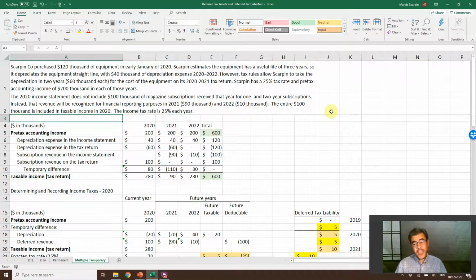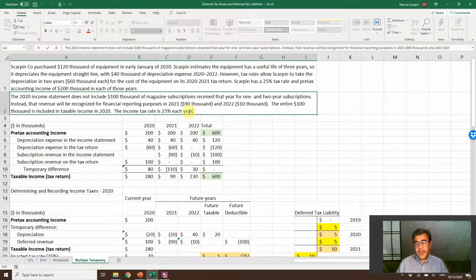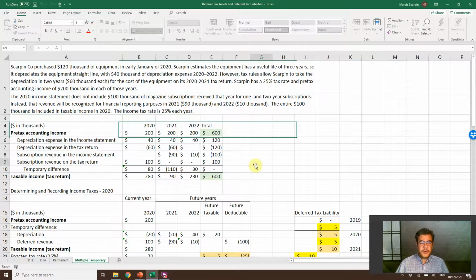However, for tax law, we have no deferred revenue on this scenario, and we pay tax all in 2020. So we will pay more tax in 2020, less in 2021 and 2022. So for this second scenario here, we have a deferred tax asset, and the income tax rate is 25%.